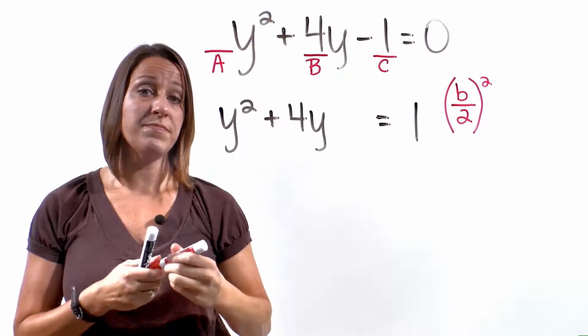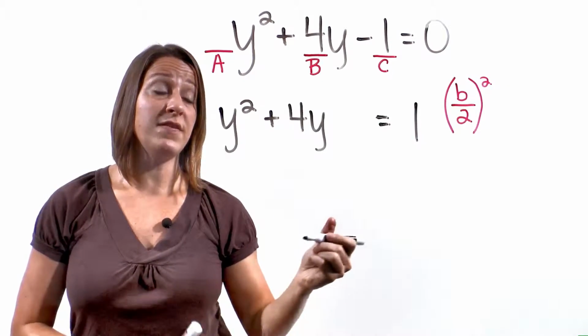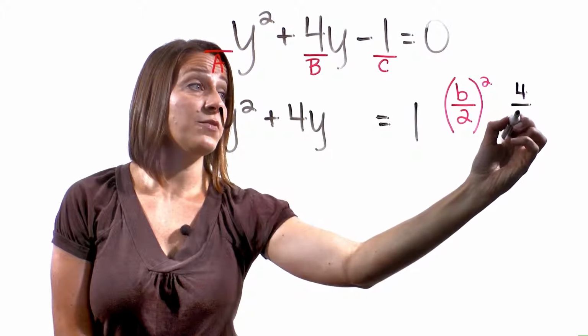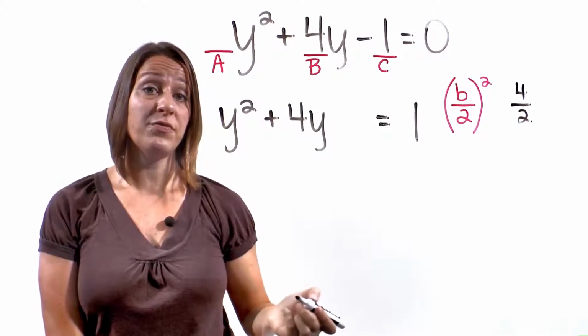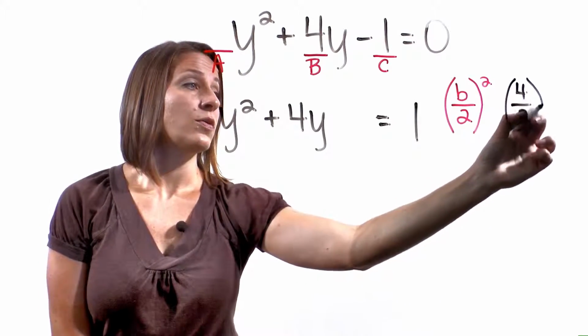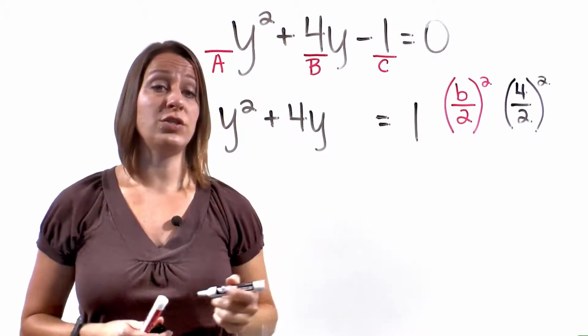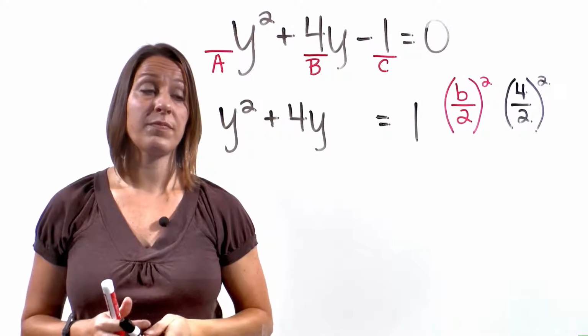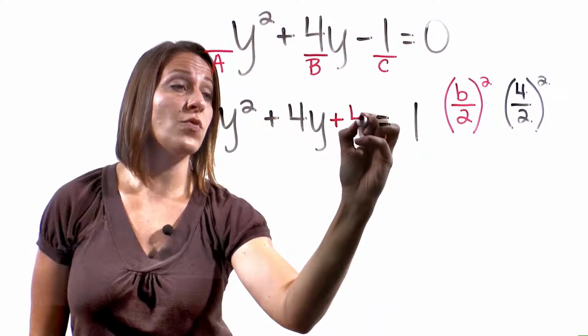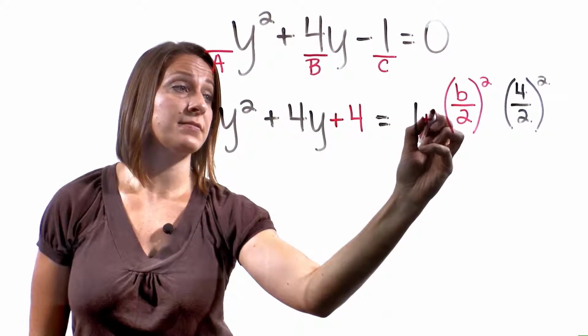So we'll divide 4 in half, which is 2. We'll square 2, which is 4. So for this problem, we're going to add a 4 to both sides.